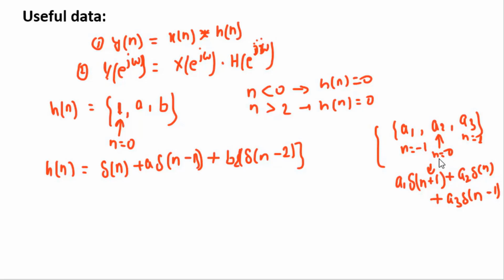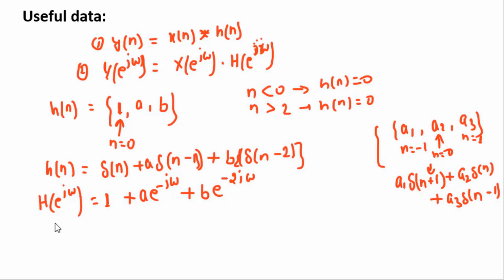So I am using this property to represent this h of n sequence. So you can find H of e to the j omega, which equals the discrete time Fourier transform, that is 1 plus a times e to the power minus j omega plus b times e to the power minus 2j omega.